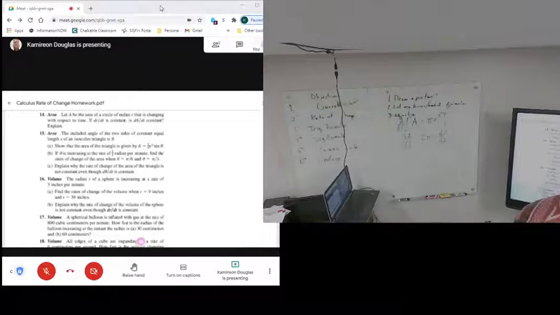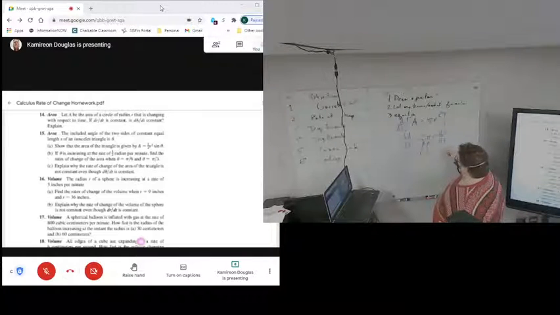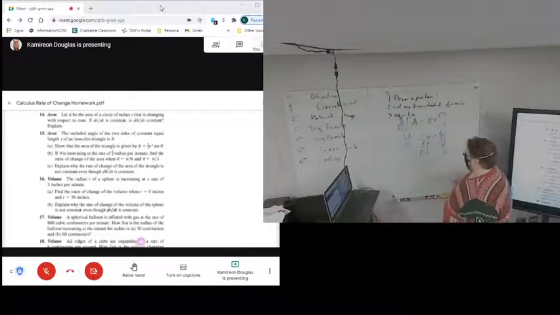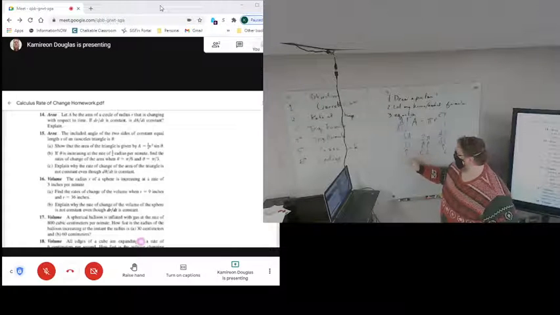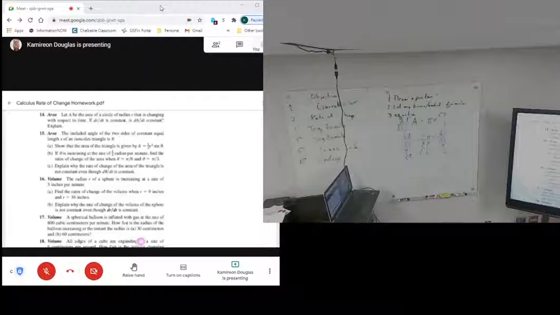Okay. So what does this say? It says, in the problem, dr/dt is constant. Is dA/dt constant? So what that means is, we have here a constant, there a constant, here a constant. Is this a constant? Thoughts?